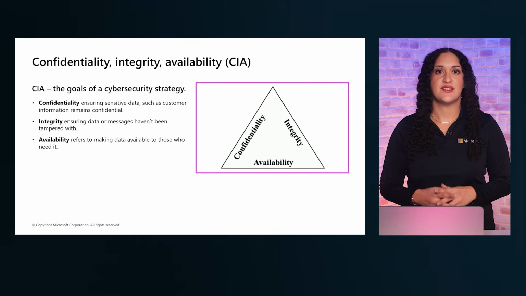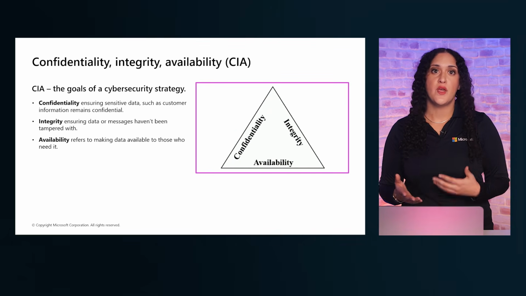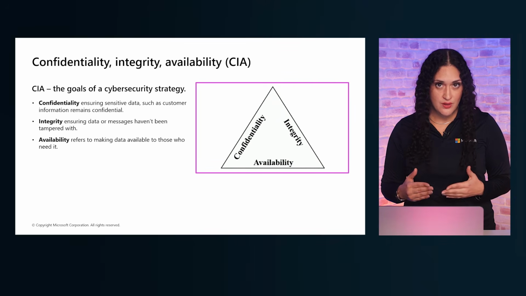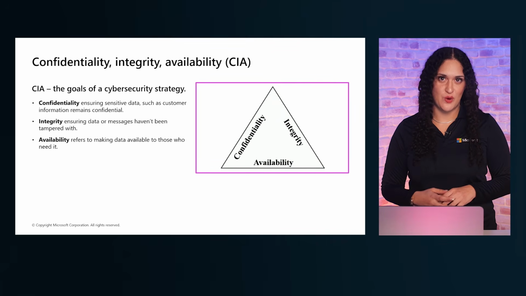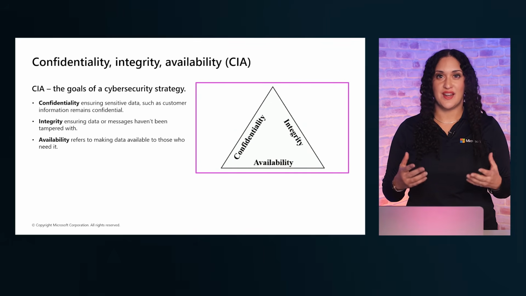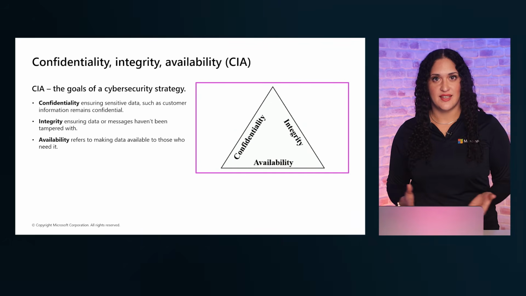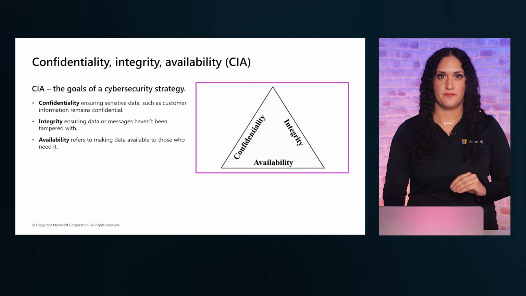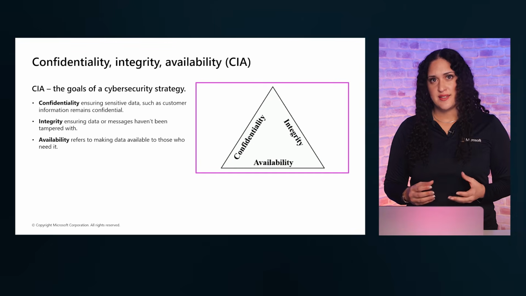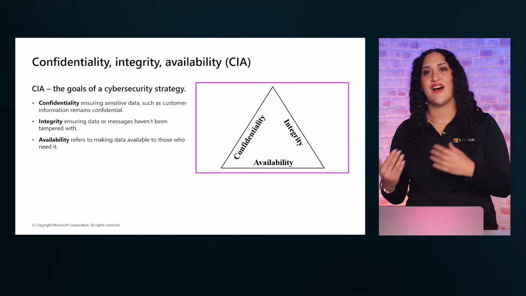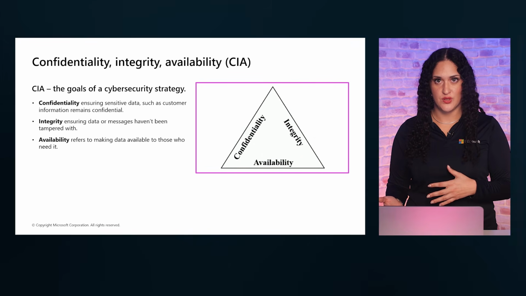Availability ensures that systems and data are accessible when authorized users need them, because data that's secure but unavailable is still a business problem. Now, together, these three principles help organizations think holistically about security instead of focusing on a single area.